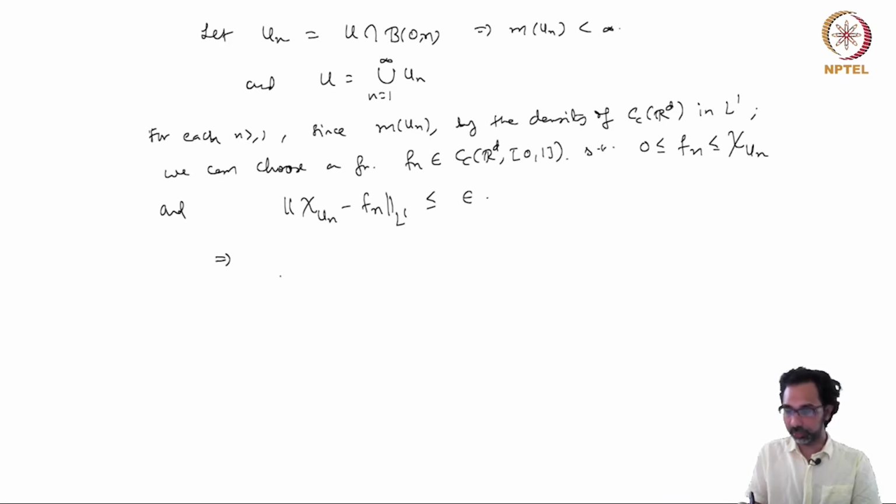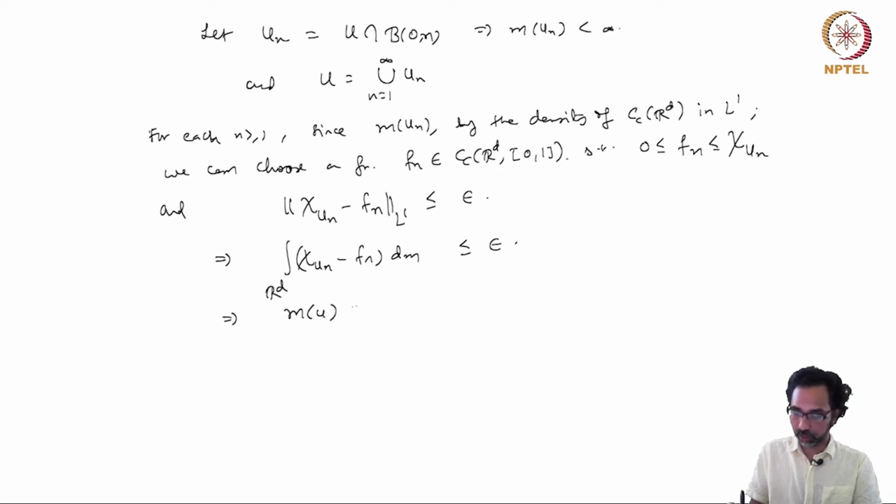But what does this mean? This means that the integral of chi_{u_n} minus f_n dm is less than or equal to epsilon, and now both are finite, so this is mu, and you get minus the integral over R^d of f_n dm, which is less than or equal to epsilon. So you can take it to the other side, and mu is less than or equal to this integral plus epsilon.